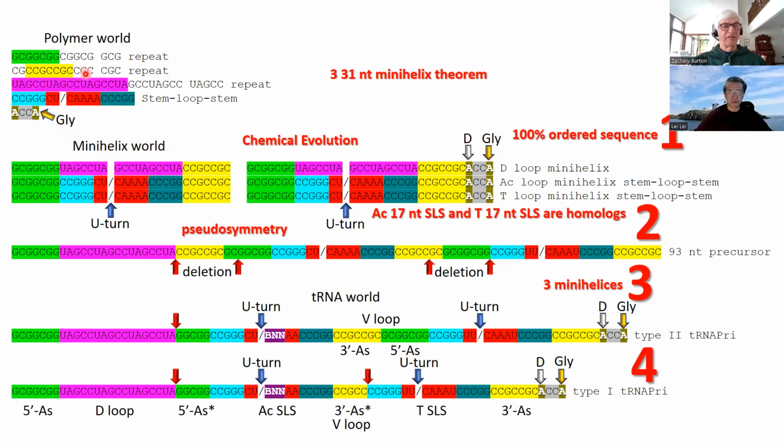So that's a driving force to go from polymer world to mini-helix world. And then the driving force to go to tRNA is this is a better means initially to make polyglycine. But this is a system that can learn to encode proteins. And through evolution, it learns to encode proteins of whatever sequence.